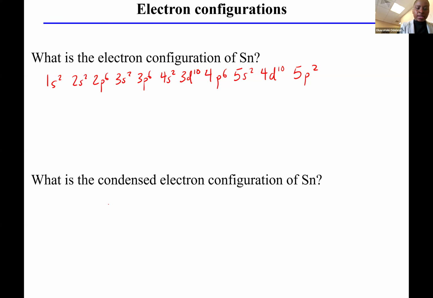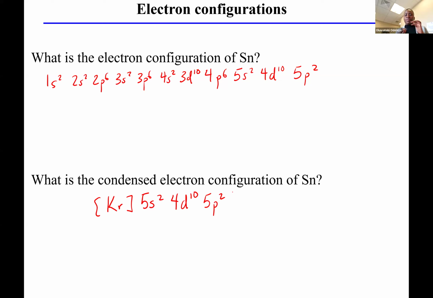So I put krypton in parentheses. That's where I'm at. And then I go to rubidium, and that's period 5. 1, 2, 3, 4, 5. That's 5s2, 4d10, and 5p2.